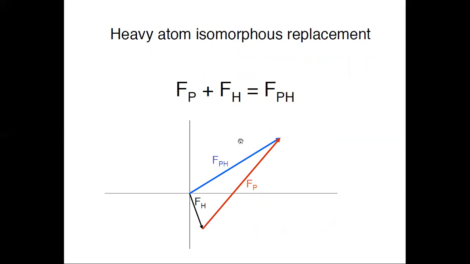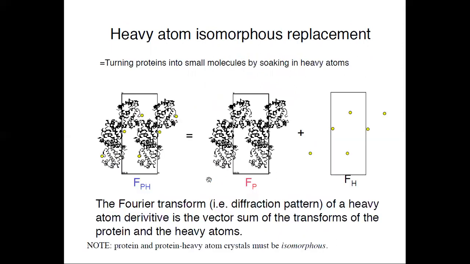This is the diagram of the symmetry in which the heavy atom should lie. Similarly, heavy atom isomorphous replacement is turning a protein into a derivative by soaking it in a heavy atom. So F of PH should be a derivative protein.